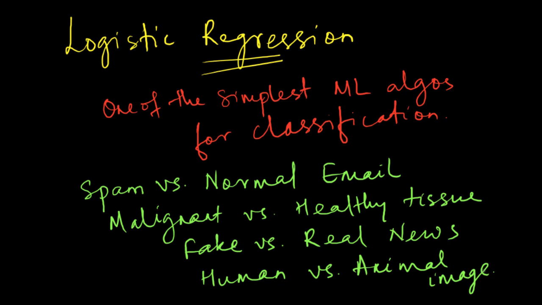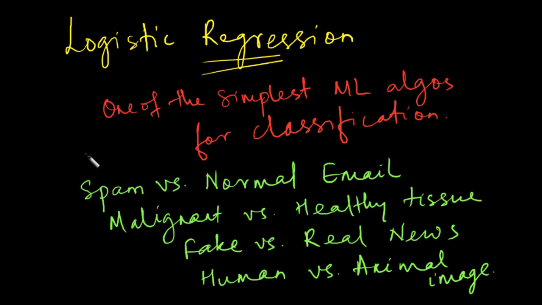We are going to see how you can use logistic regression to solve a binary classification problem. You could also have a multi-class classification problem. For example, in this spam versus normal email case, you may also want to classify the normal emails further into important and not important categories.